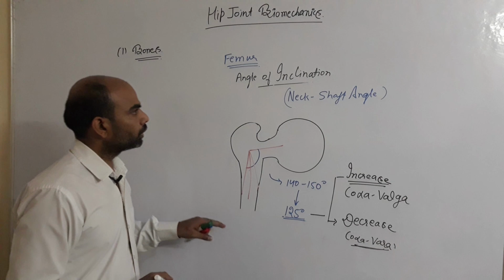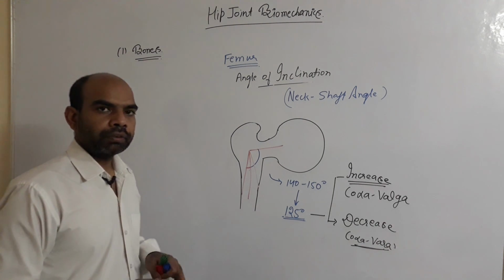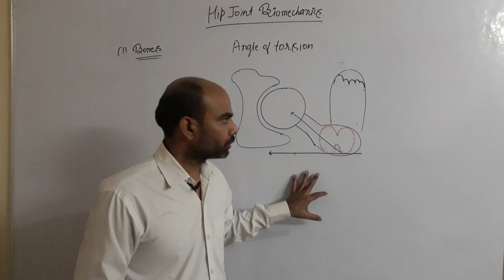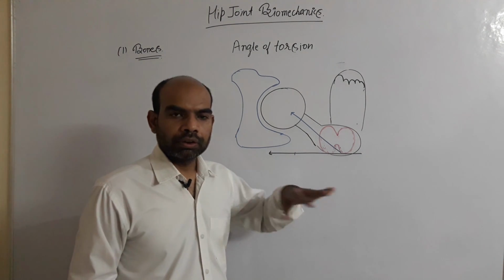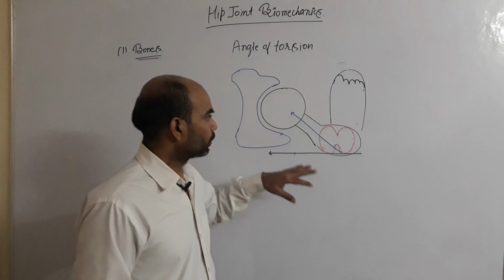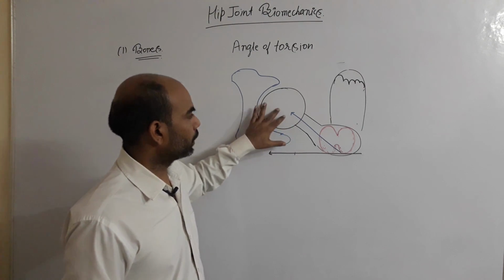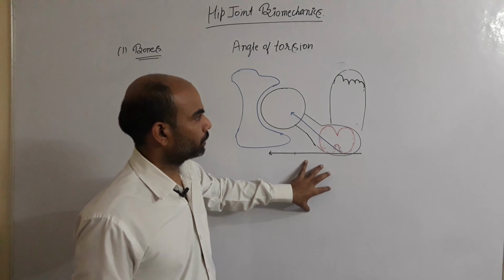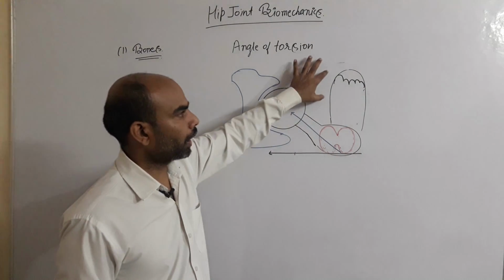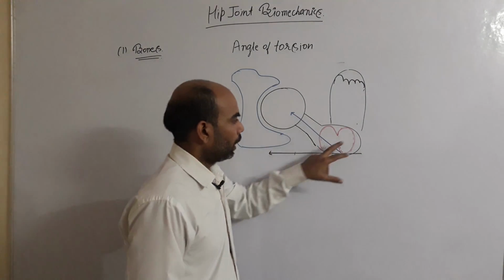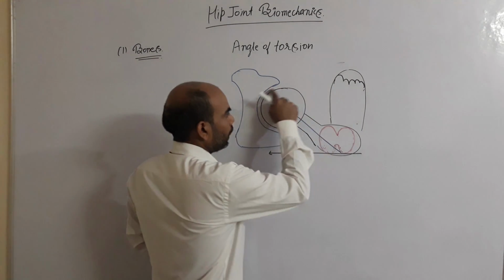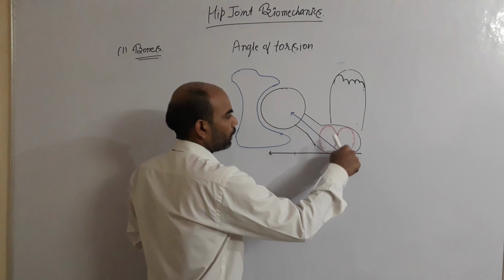Now move on. Next angle, the angle of torsion. Suppose this is a transverse section, a transverse view of the hip joint, and this is the anterior side and this is the posterior side, representing the right hip joint. And in this bone, this is the head, neck and shaft.